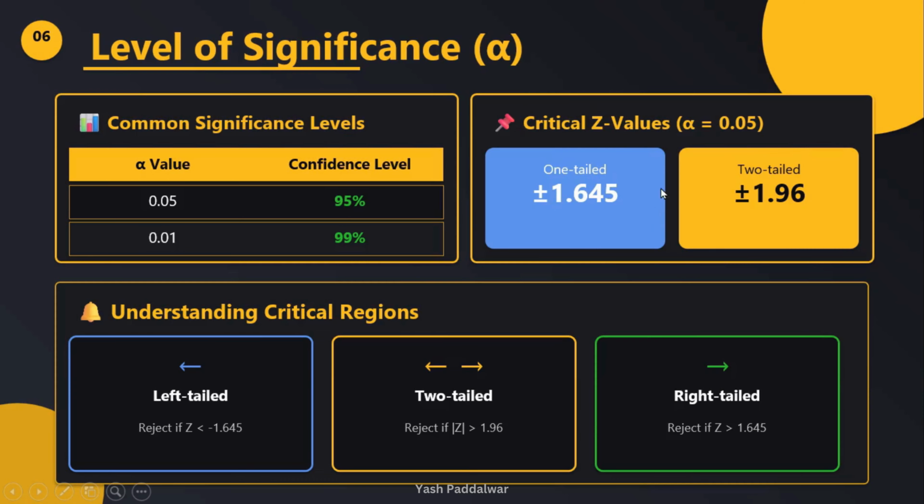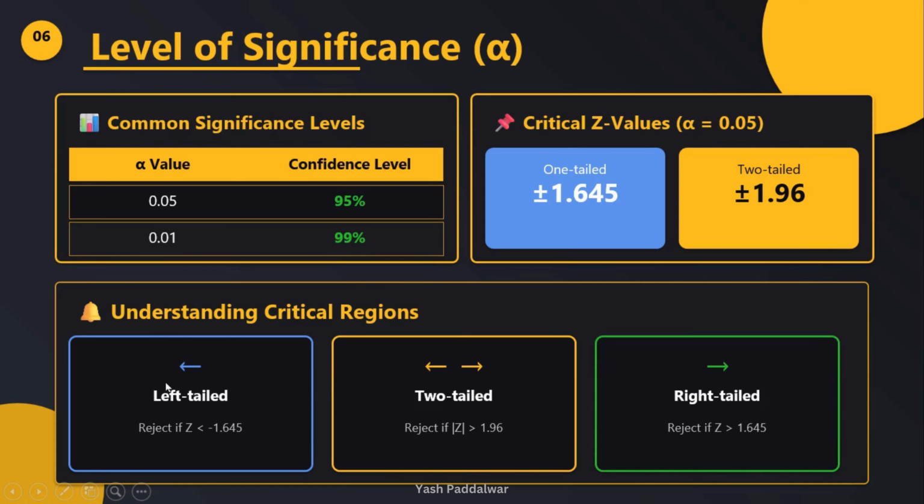These are the critical values of one-tailed and two-tailed Z test. For the one-tailed test, the critical Z value is plus or minus 1.645, and for two-tailed it is plus or minus 1.96. So the critical regions are, for left-tailed, you should reject the null hypothesis if your Z value is lesser than minus 1.645.